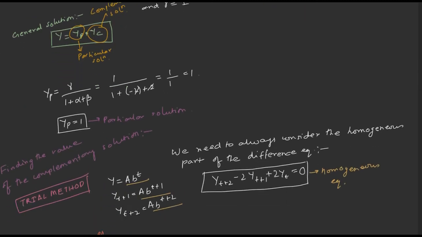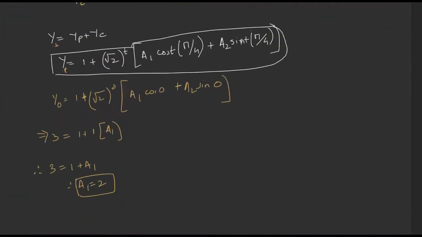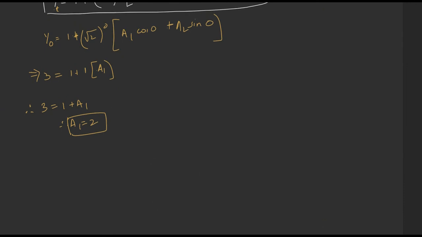So if we put t equals 1, y1 equals 1 plus root 2 to the power 1, a1 cos pi by 4 plus a2 sin pi by 4, right?